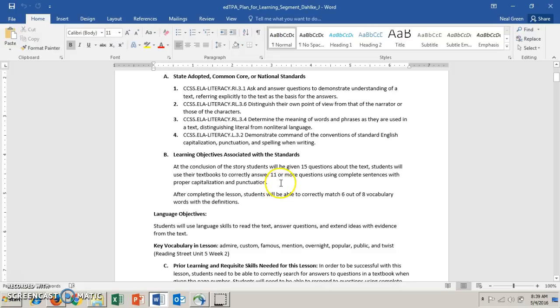And let me write this out. The students will draw inferences from the text. Answer 11 more questions.